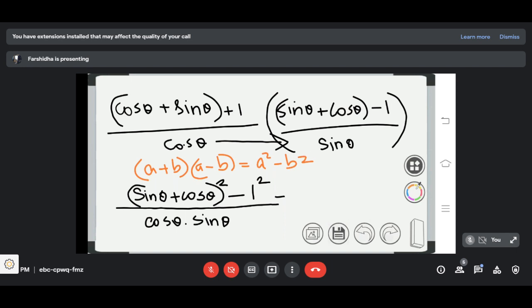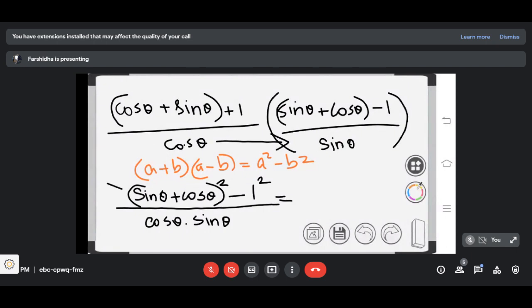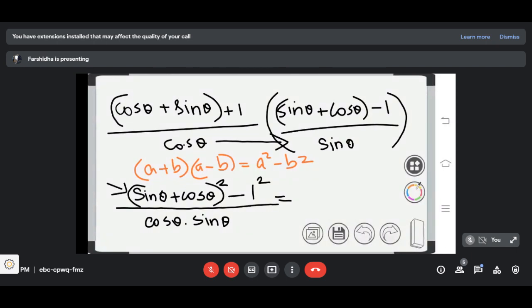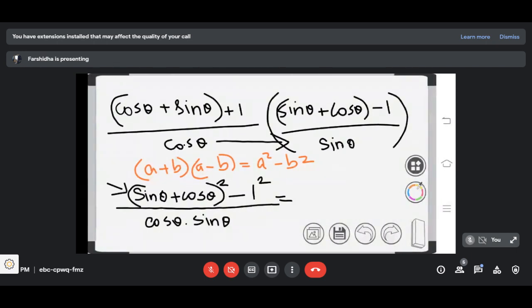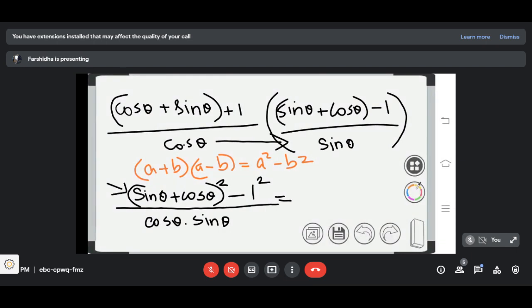Now what you need to do is expand this one, sine theta plus cos theta whole square. It is in the form of the A plus B whole square identity, so you need to expand it: A square plus 2AB plus B square. So our A is sine theta: sine square theta plus 2AB, so 2 into sine theta cos theta, plus B square.